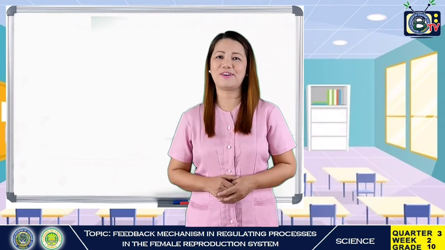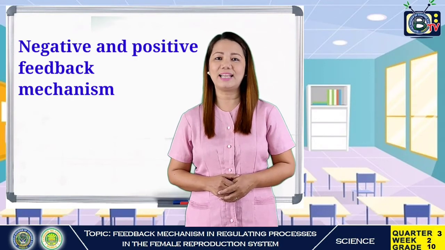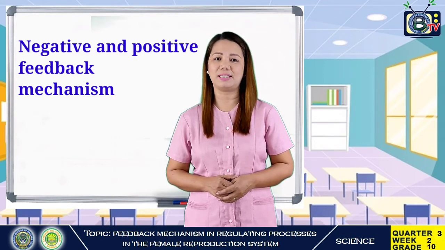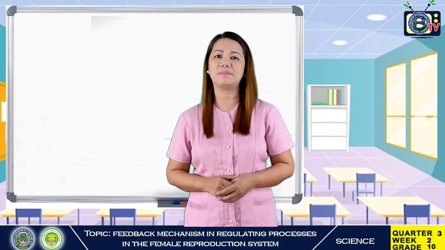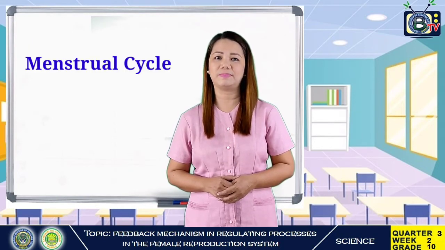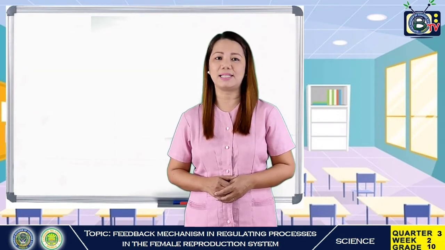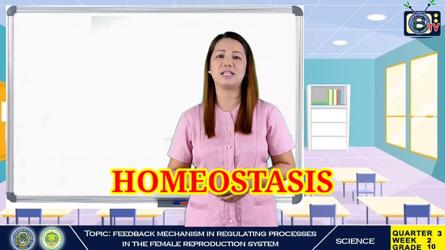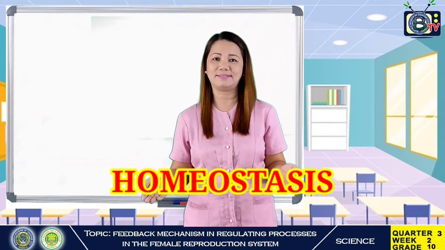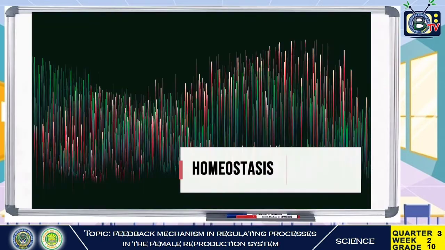This topic is divided into two. In the first part, we will talk about negative and positive feedback mechanisms, and the second part is about the menstrual cycle. Now, to understand better about feedback mechanism, let us first discuss homeostasis. In this lesson, we will first learn about homeostasis and all other mechanisms that help the body maintain this condition.